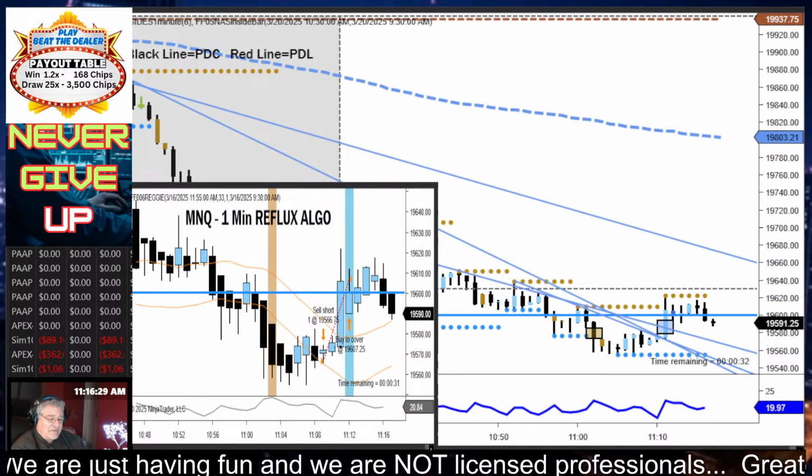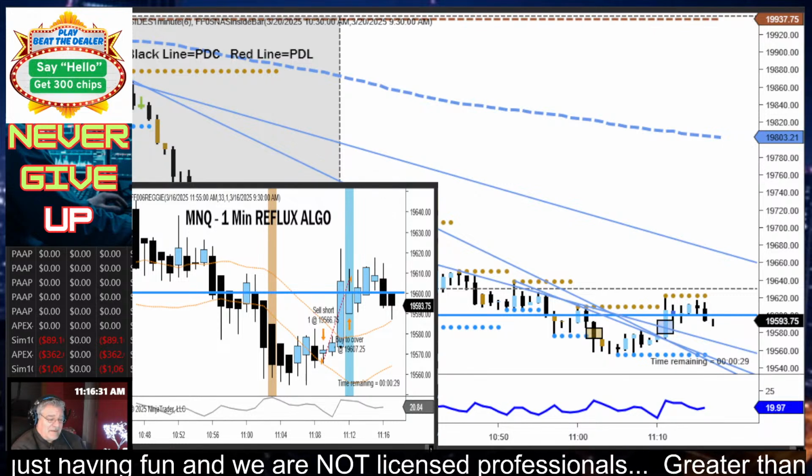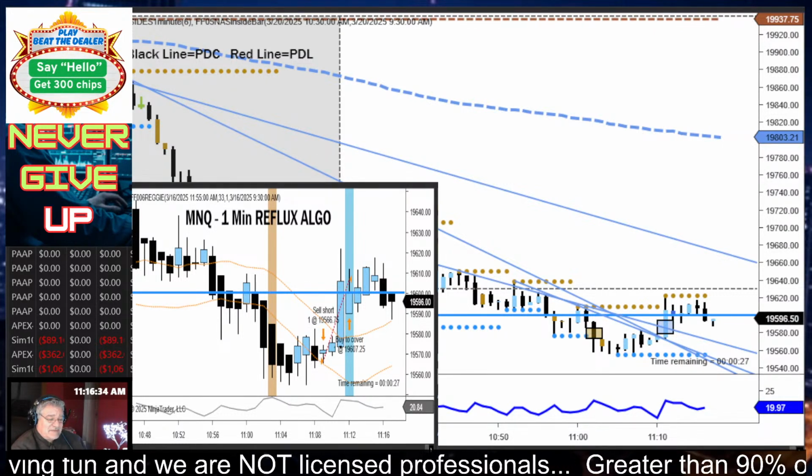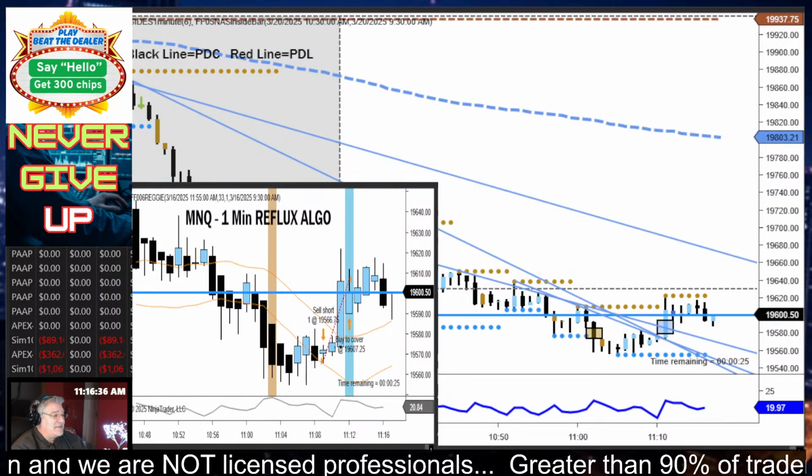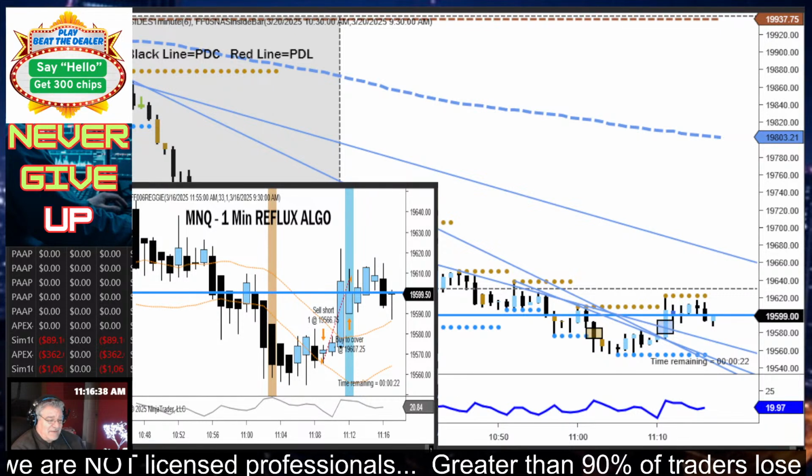Yeah, Topstep. It's a good thing I wasn't able to add. Topstep is about 7 points from being stopped out. Well, I'm using the word stopped out a lot today.